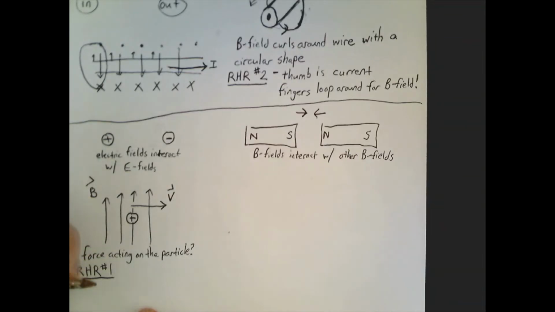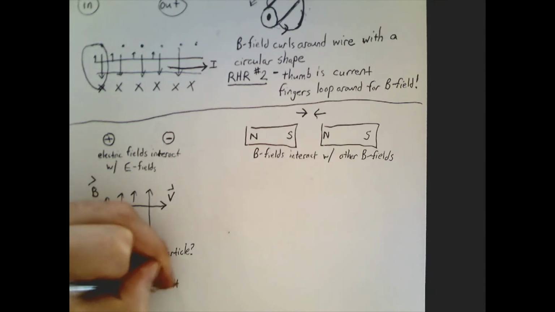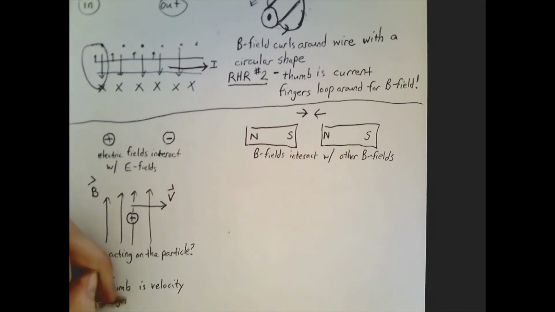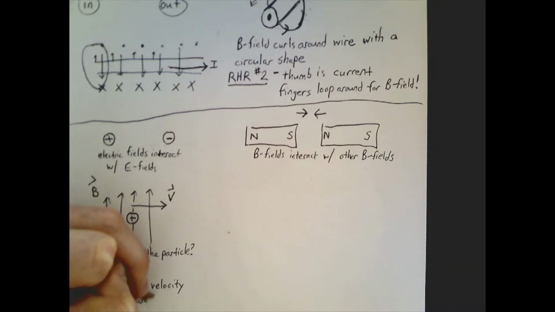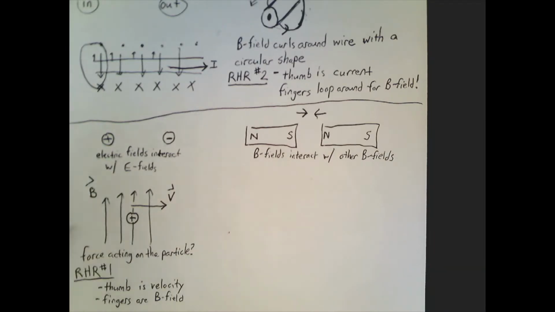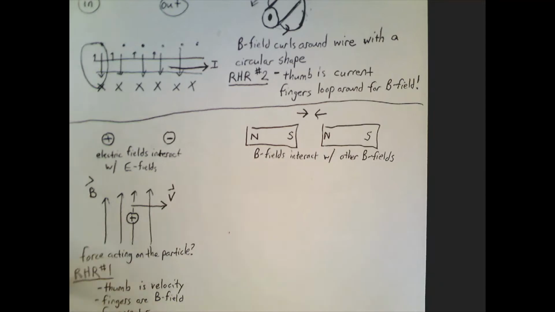So right-hand rule number 1 says your thumb points in the direction of the velocity. Your fingers are the B field. And therefore, if you've done this all right, the force vector shoots out of your palm.